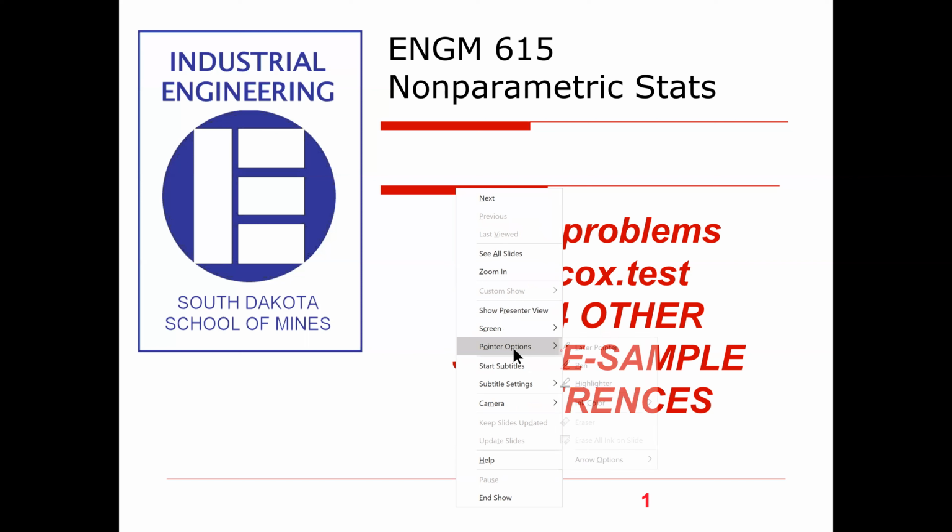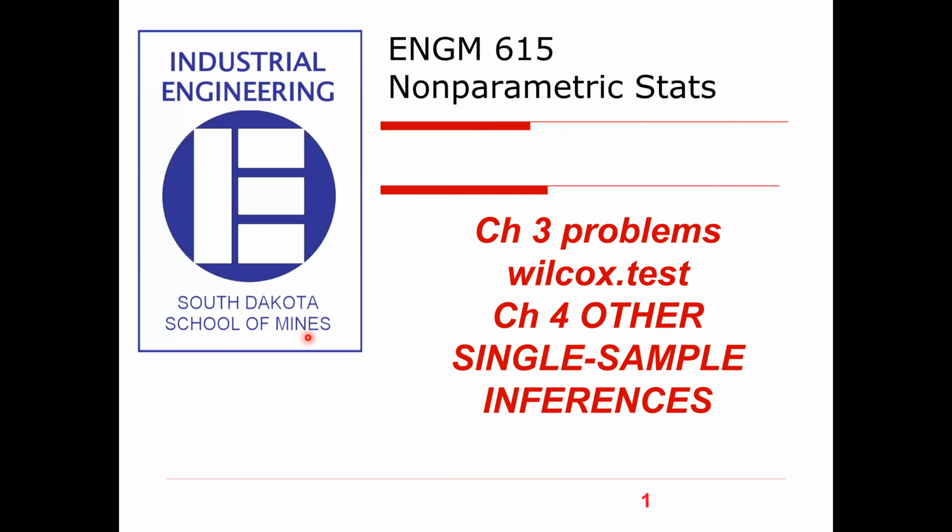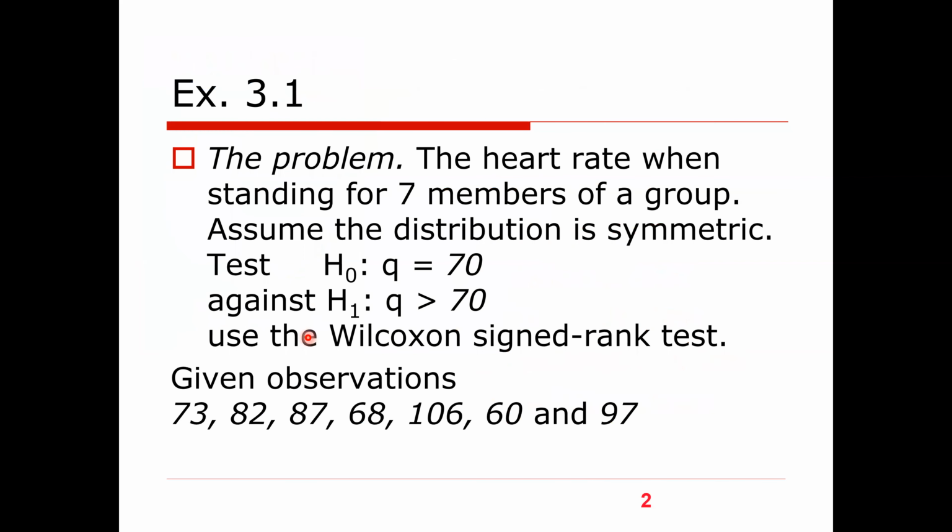So let's first look at some example problems in chapter 3. We have introduced how to do the Wilcoxon signed rank tests manually and theoretically. Now let's quickly look at how to use R to do the Wilcoxon tests and also establish the confidence intervals using the Walsh average.